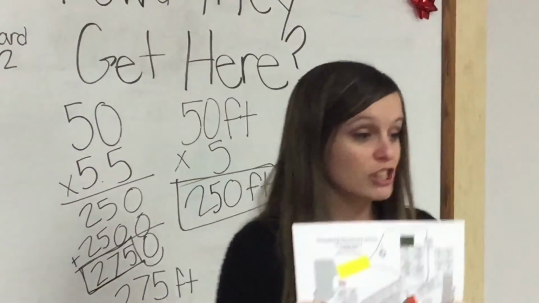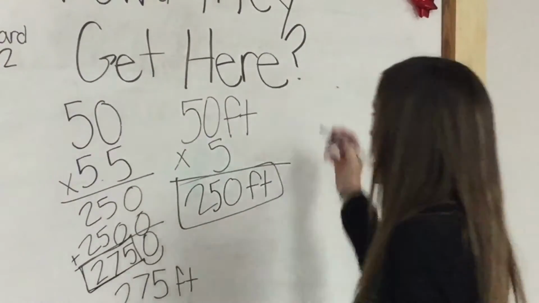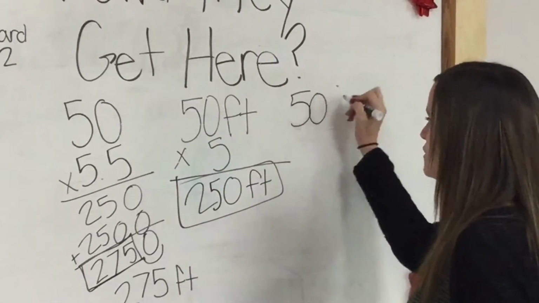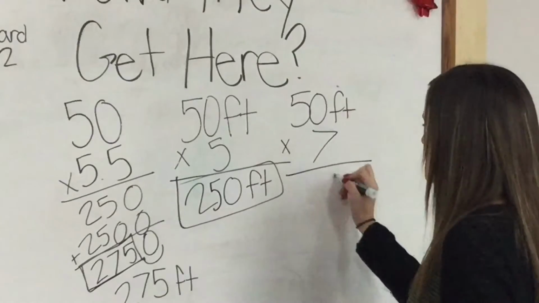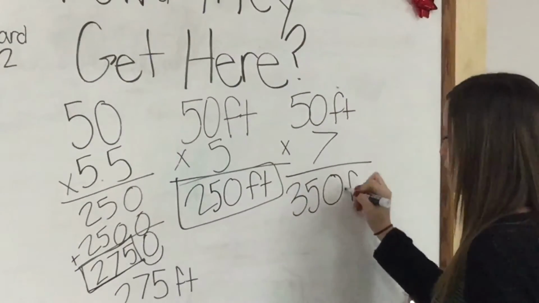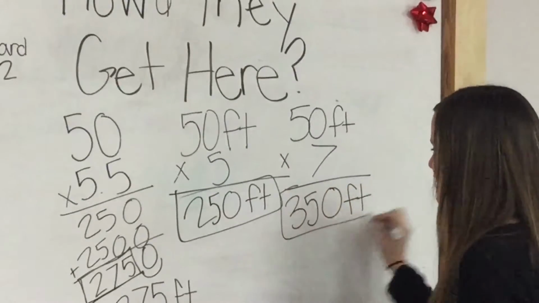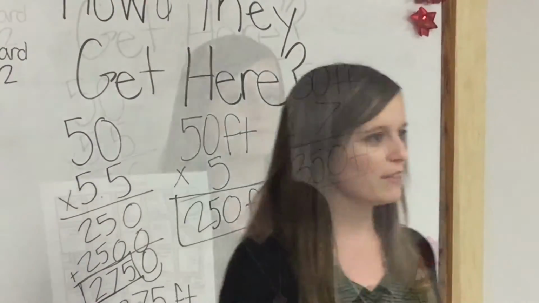So we have 7 inches, and how many feet to every inch? 50, right. So we need to multiply again. 50 times 7. So our 50 feet times 7 inches gives us, what does it give us? 350 feet. Good job. So that's how far it is from the front gate to our library.